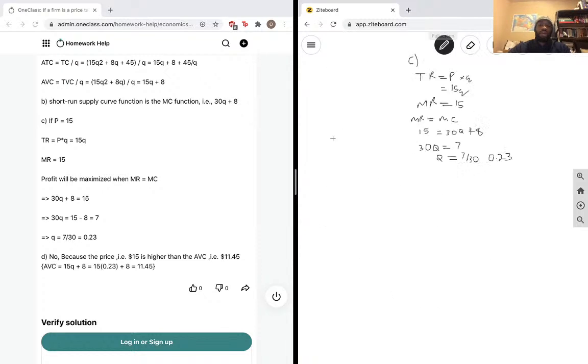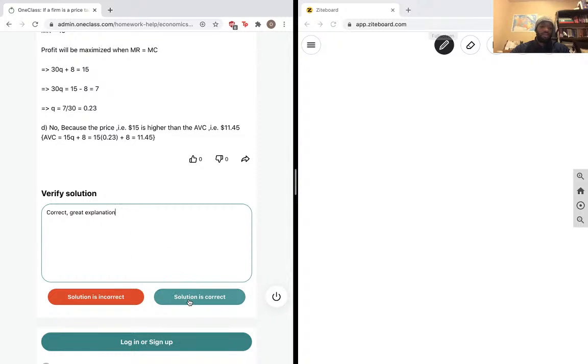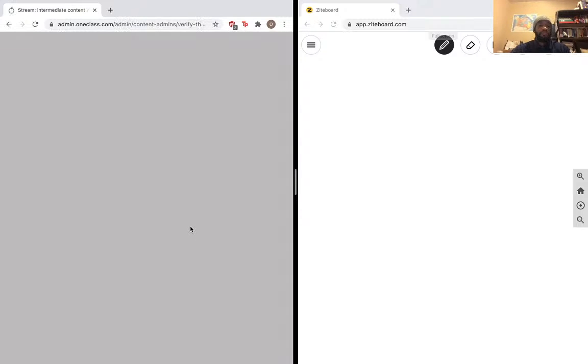So that answers that. I would say correct. Great explanation. And again, I'm just saying at the price of 15, they're charging more than the average cost of production, so they could operate in the short run. And therefore, they don't have a shutdown price. So the solution is correct.